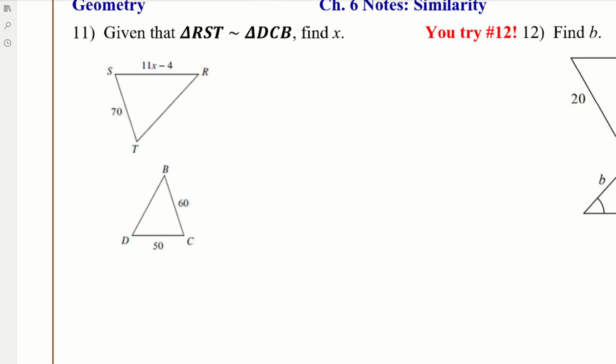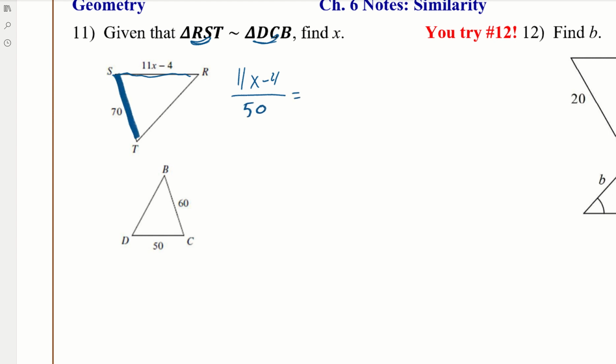Okay, let's do one more and then have you guys try a few here. Given that RST is similar to DCB, we're going to find x. RS is proportional to CD. So I'm going to write that 11x minus 4 is proportional to CD, which is 50, okay?